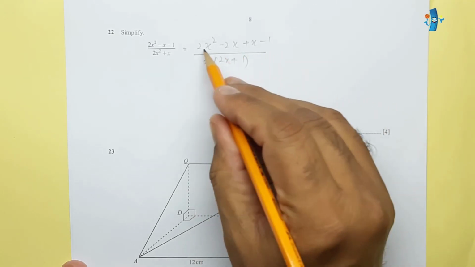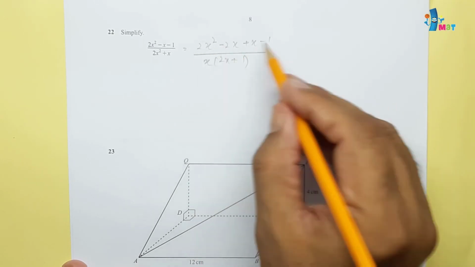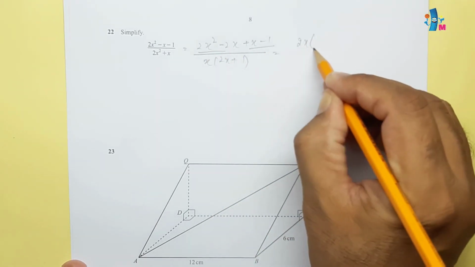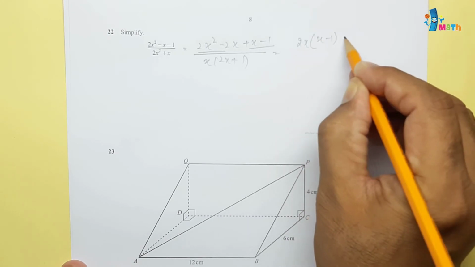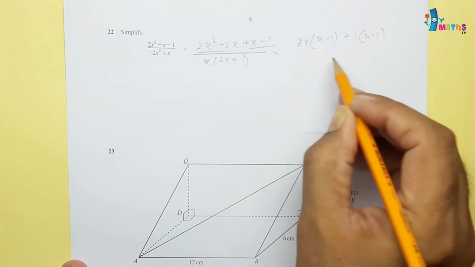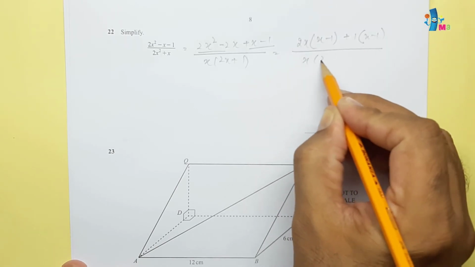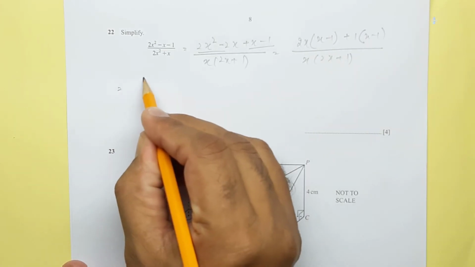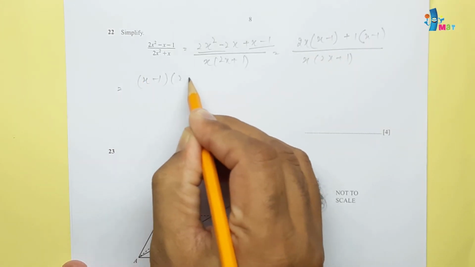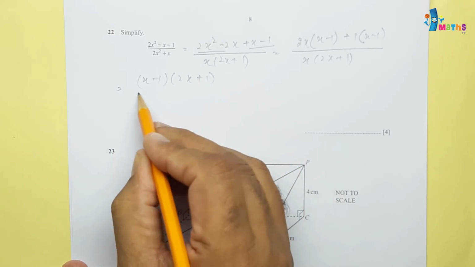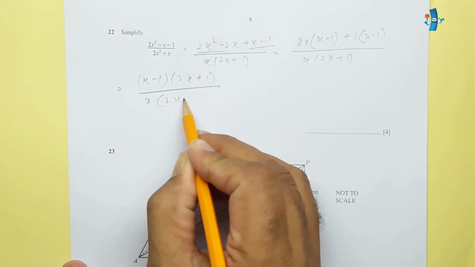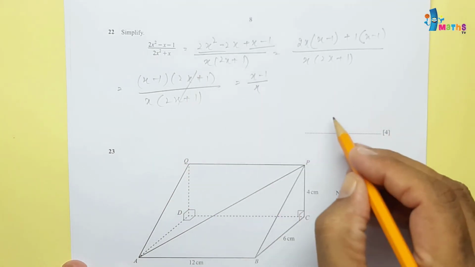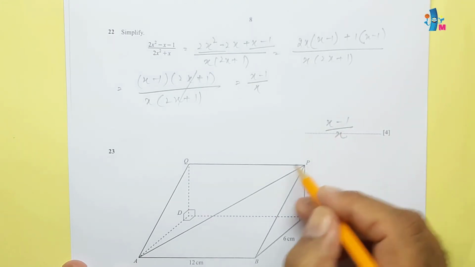From the first pair we can take 2x common and inside will be x minus 1, and plus 1 common with x minus 1. Over this it will be x into 2x plus 1. Hopefully you are getting this. Now we can write it as x minus 1 into 2x plus 1 over x into 2x plus 1. These two will be cancelled. The answer will be x minus 1 over x.